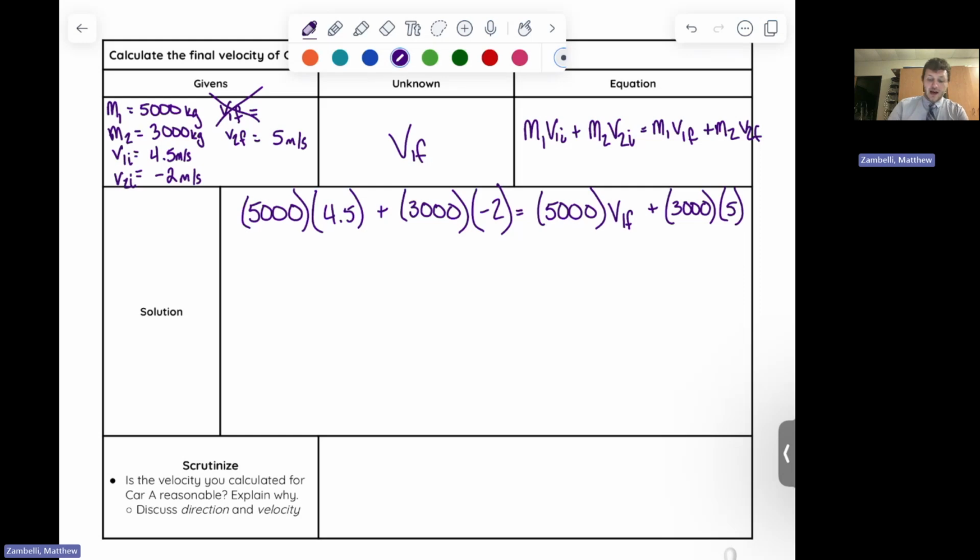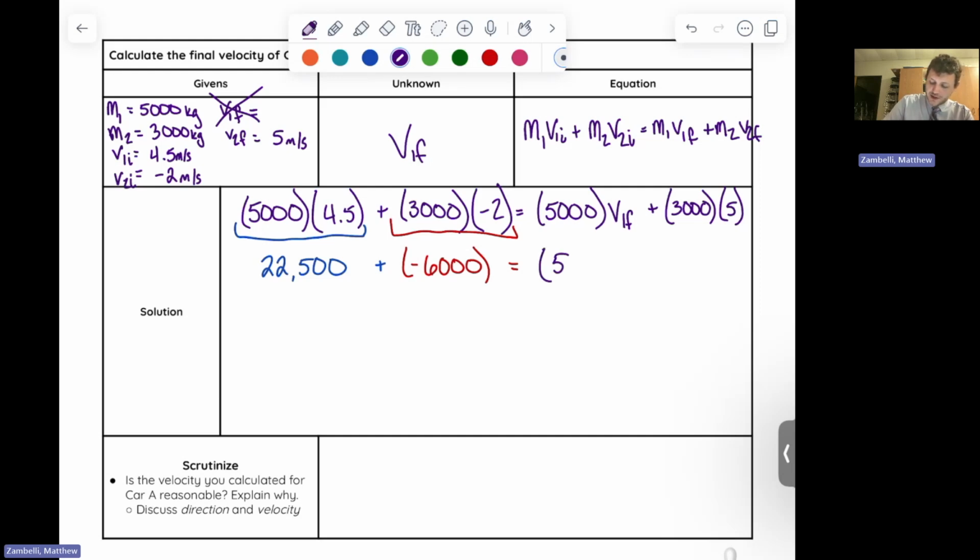Again, what I like to do is break it apart into smaller chunks. So I'm going to multiply this together first. 5,000 times 4.5, and we end up with 22,500, plus. We can break this part down: 3,000 times negative 2, so we get negative 6,000, equals 5,000 times V1 final.